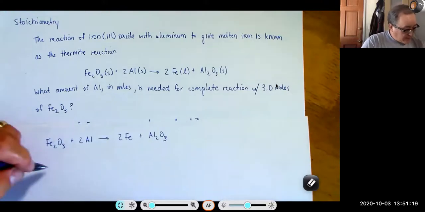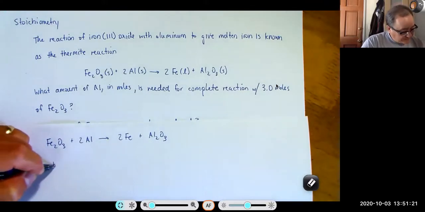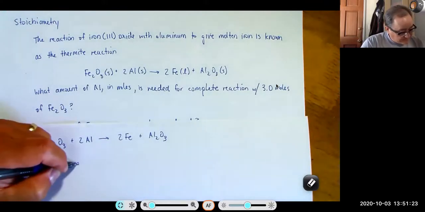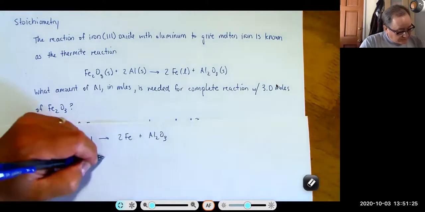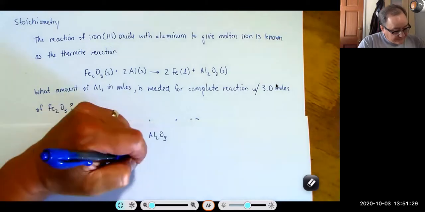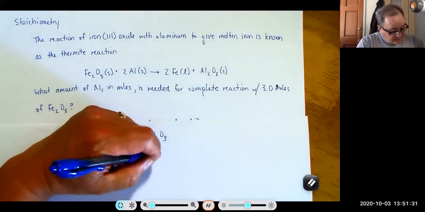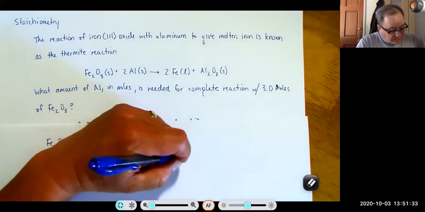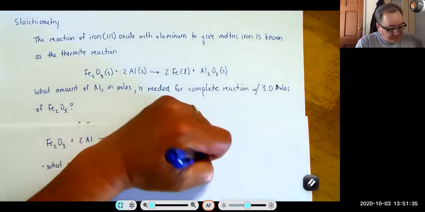So the first thing we're asked: what amount of aluminum in moles is needed for 3.0 moles of Fe2O3?